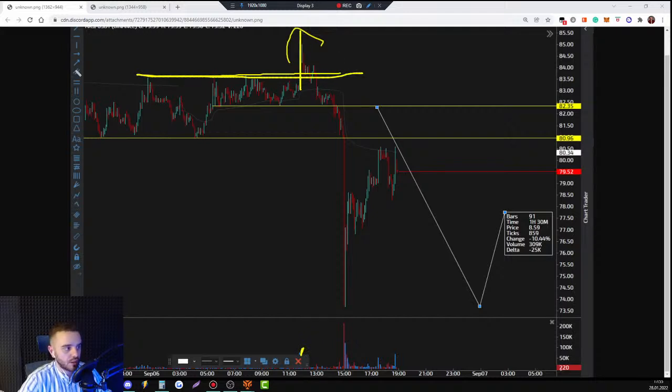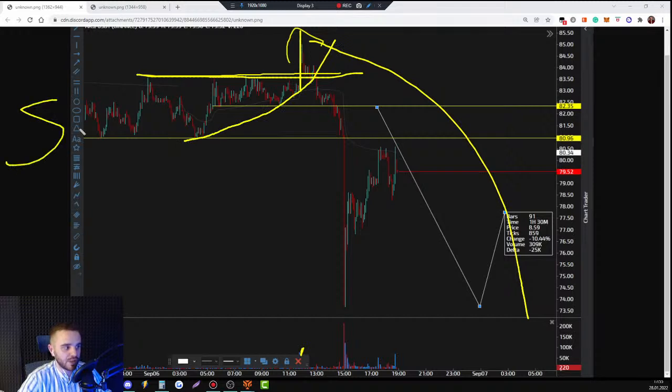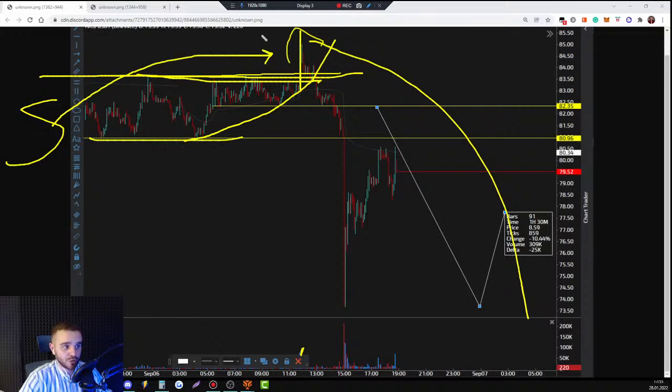How it works? When big guys have planned, for example, to dump a price, what do they do? They can create such a trap to hit the stop losses of every person that opened a short position. Why do they do it? Because people who opened shorts, to close their short position, buy back exactly here at the high.